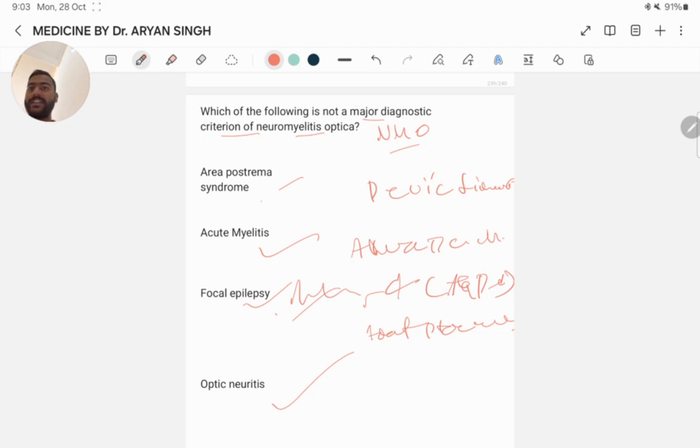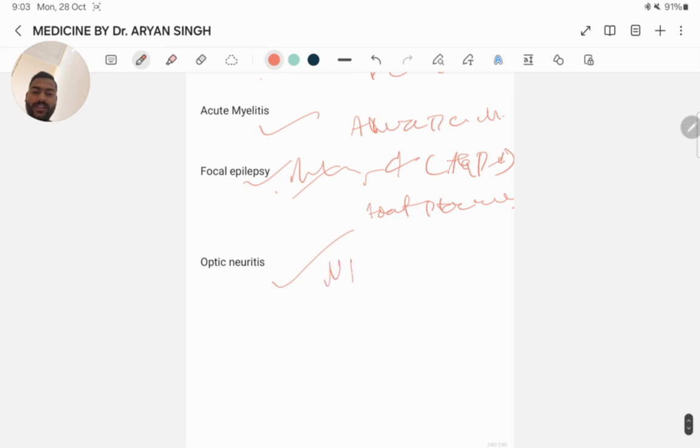The core clinical characteristics include optic neuritis, acute myelitis, and area postrema syndrome. Area postrema syndrome means unexplained hiccups or nausea or vomiting. Others are acute brainstem syndrome, symptomatic narcolepsy or acute diencephalic clinical syndrome with typical diencephalic MRI lesions, in neuromyelitis optica spectrum disorder, NMOSD.